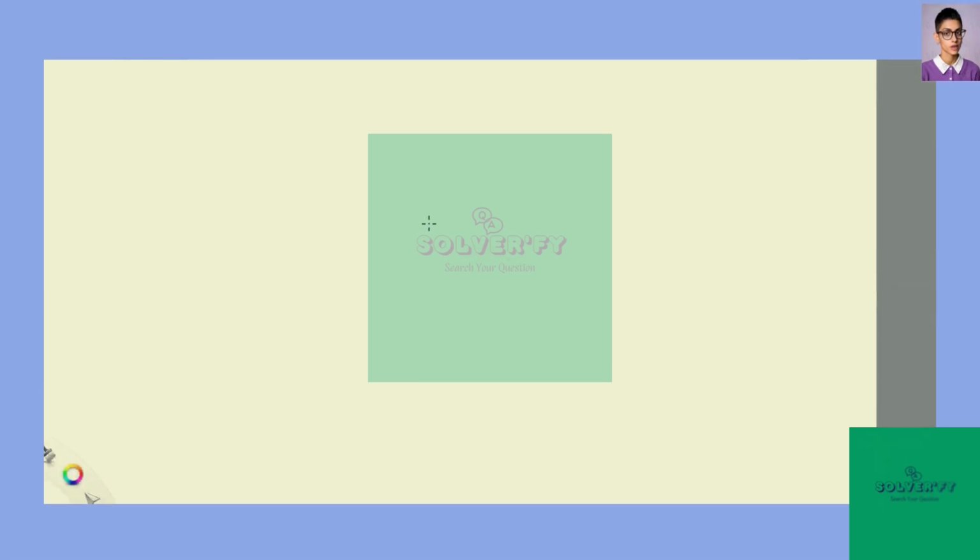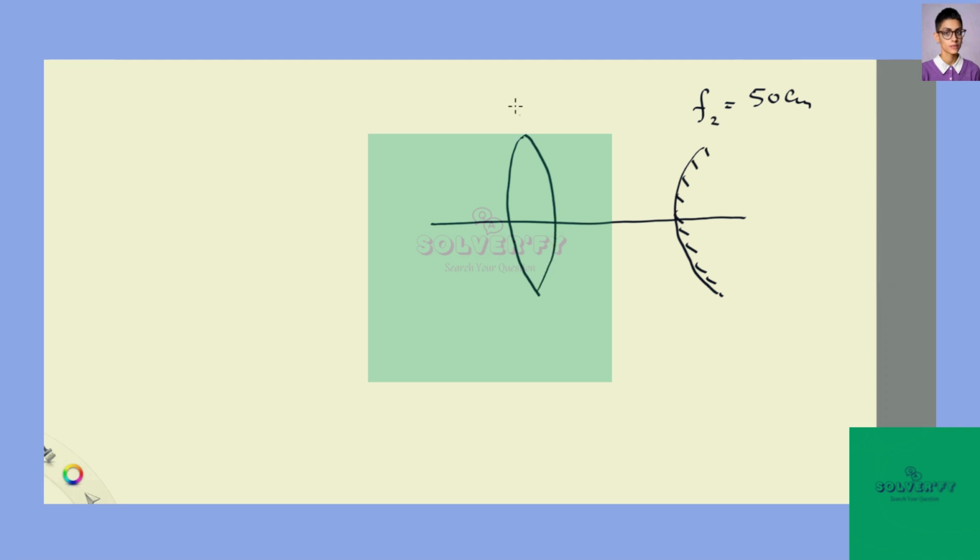Hi, in the given problem, there is a principal axis, a common principal axis for a convex spherical mirror whose focal length has been given as 50 centimeter, and for a convex lens whose focal length has been given as f1 is equal to plus 80 centimeter.